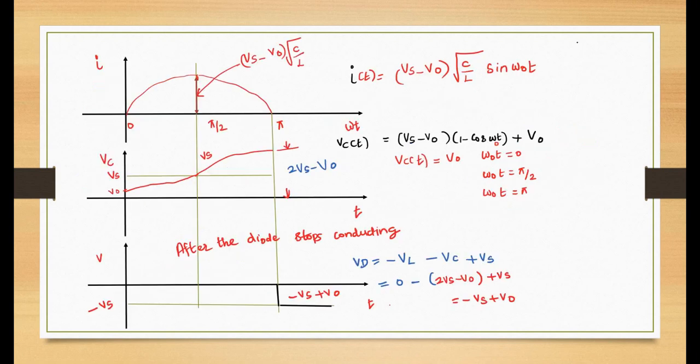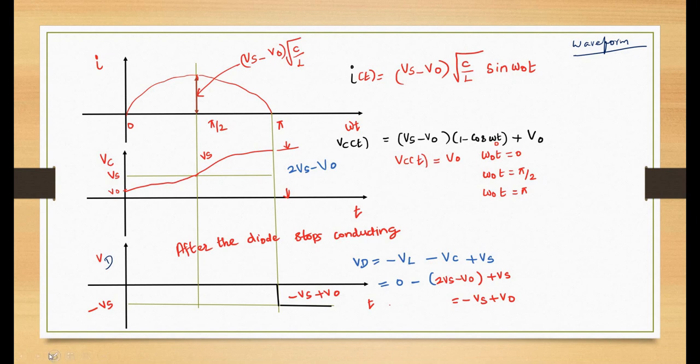See, this is the waveform for current, Vc, that is the capacitor voltage, and Vd is the diode voltage. First see here, I of t, what is the equation given?